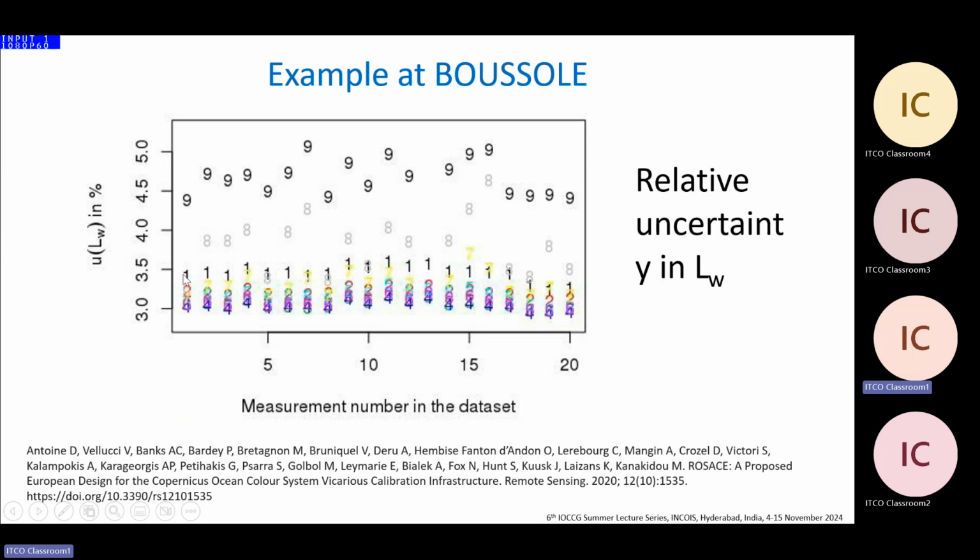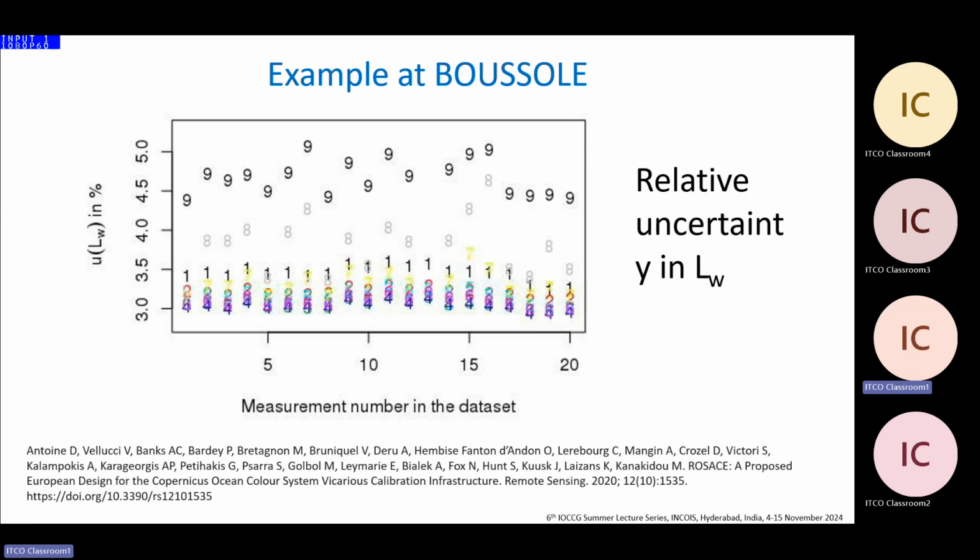So 1, if I remember well, is something like 412. The 4 that you have here is probably the 490, and 9 is probably a band in the red, like 670, something like this. And the horizontal axis is the measurement number in the data set.